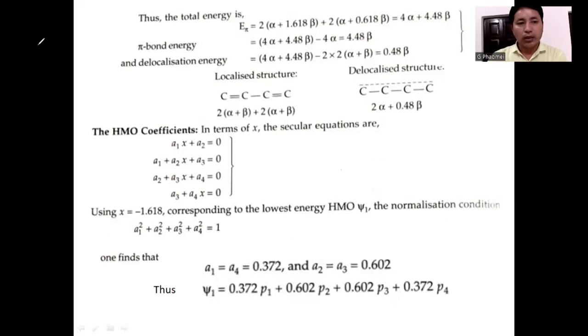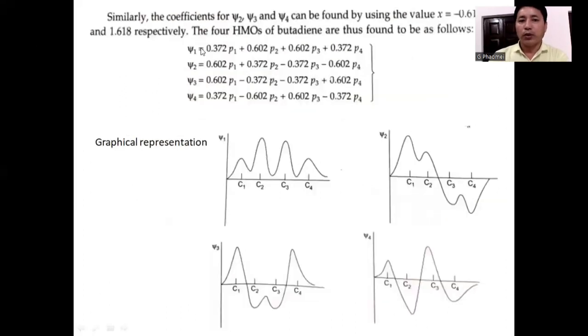Same way, therefore, psi1, psi2, psi3, psi4 we can write. So this is carbon 1, this is carbon 2, carbon 3, carbon 4. If you draw a graphical representation, we can draw like this.